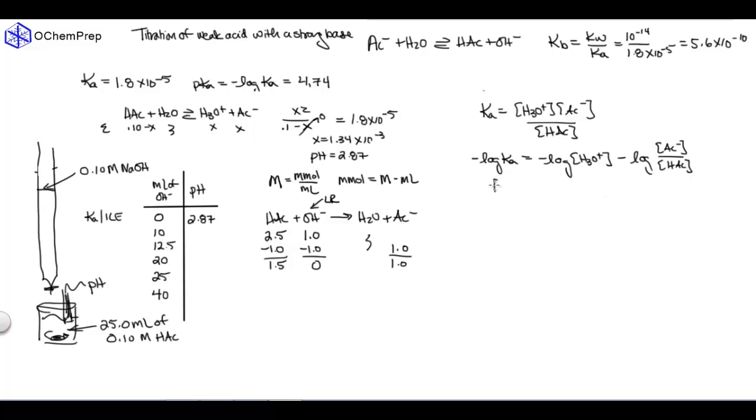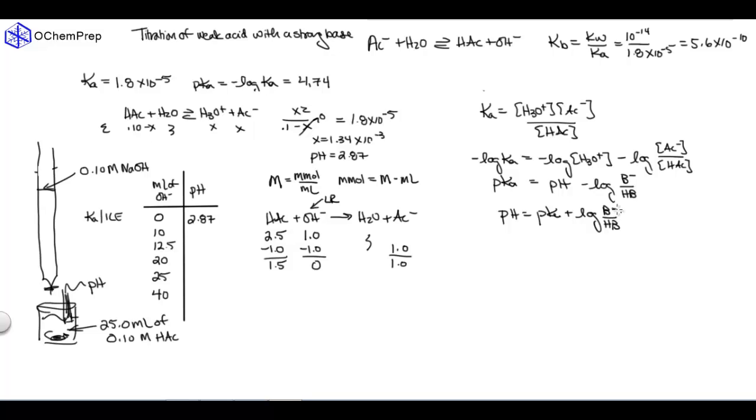And of course, this is pKa, measuring the acidity of a molecule, is equal to pH, measuring the acidity of a solution, minus the log of, let's just call it generic base, over acid, HB. Let's put a minus there. Now, we usually want to find pH, so we're going to rearrange this. So pH will be equal to pKa plus the log of the base over the acid. That is the Henderson-Hasselbalch equation, and I use it whenever we're doing titrations.